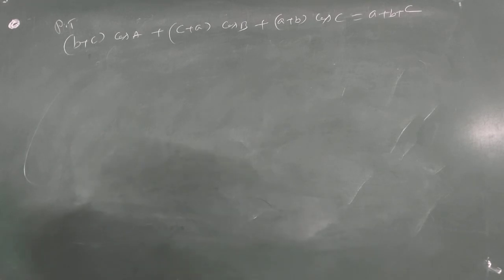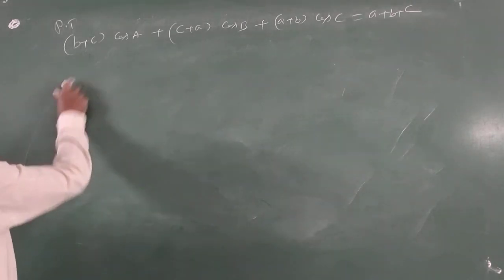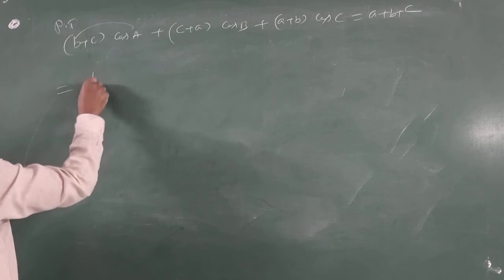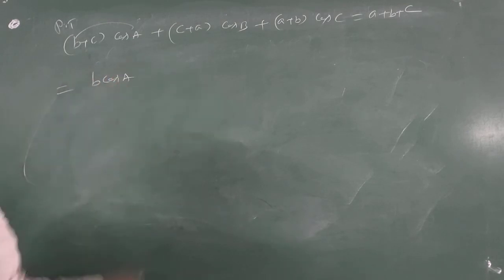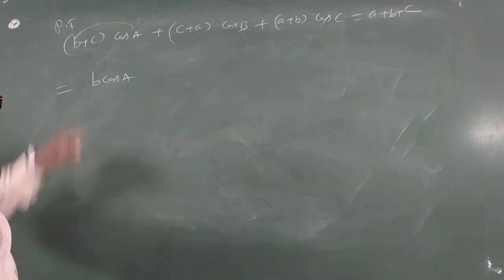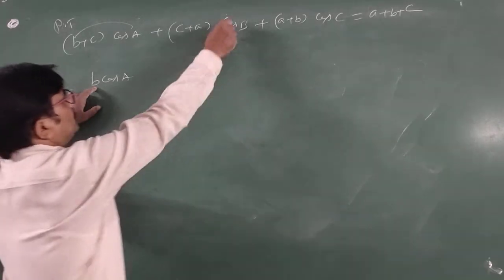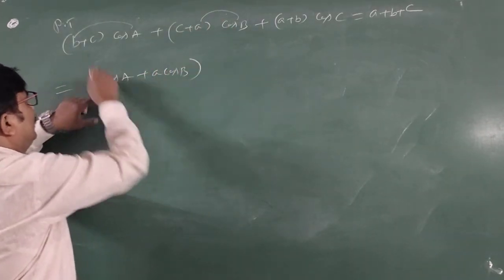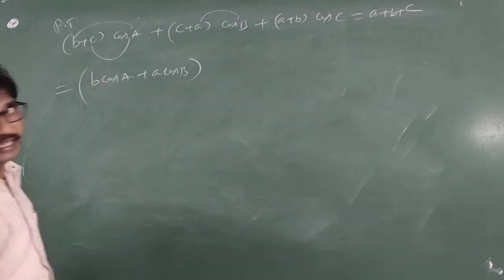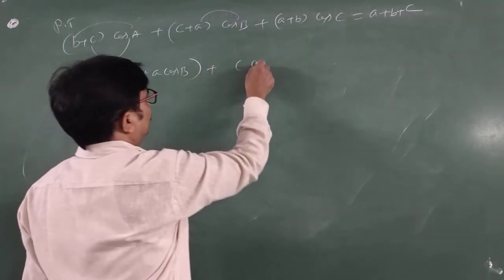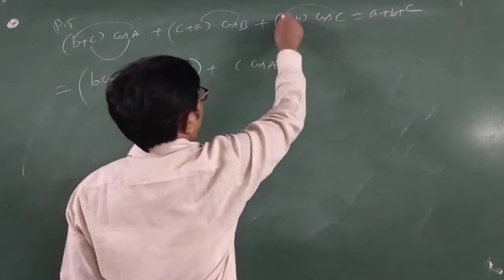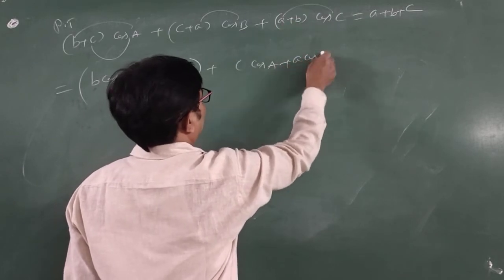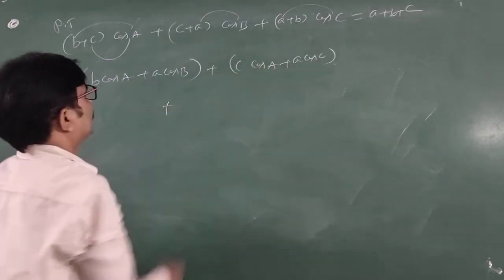So my dear students, here we can observe this is b cos A, b cos A. Just check where is a cos B. This is a cos B. After that, students, this is c cos A, c cos A. This is a cos C. What are the remaining, students?